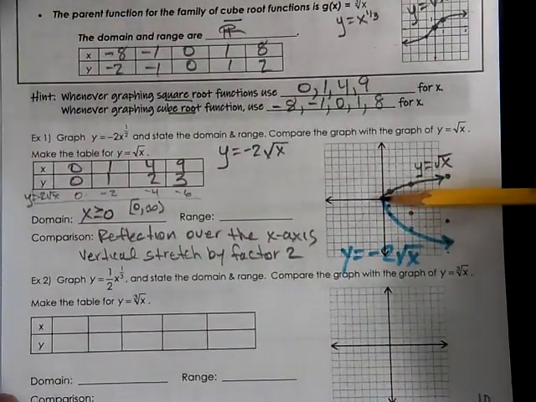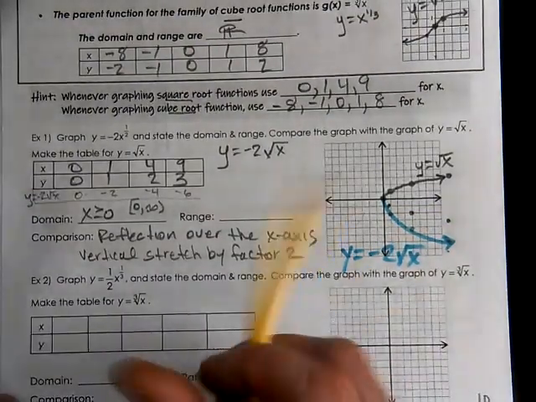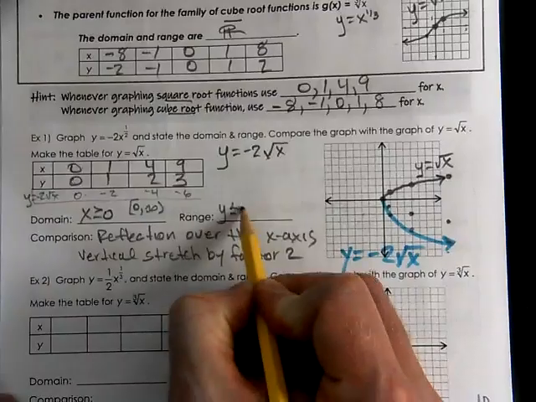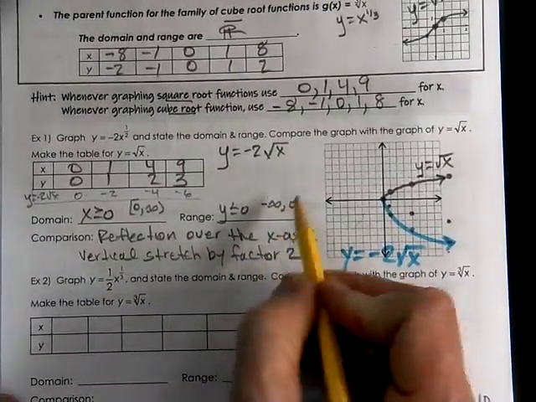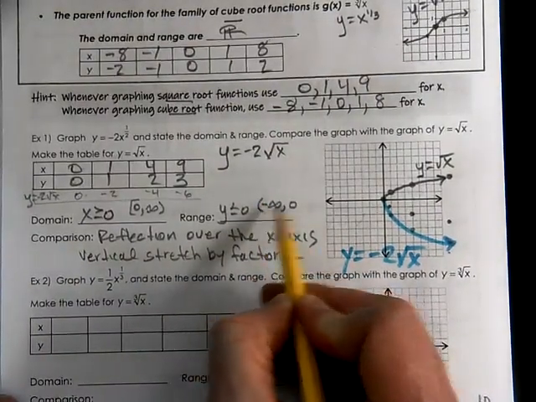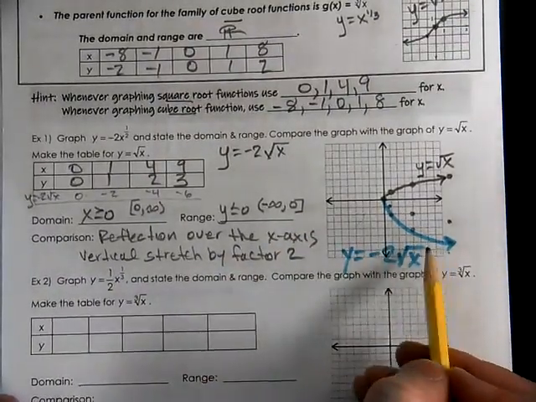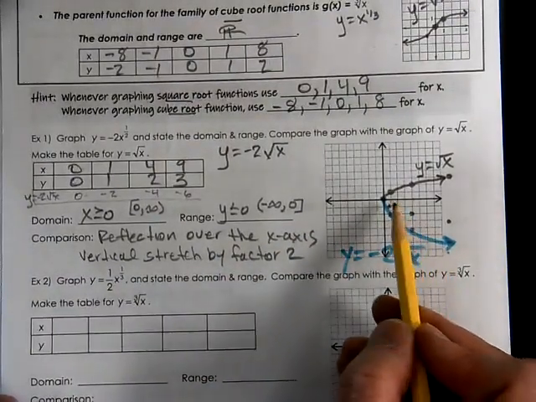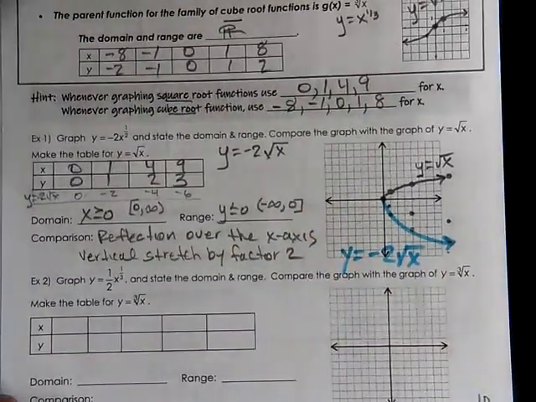The y values are from 0 and down. So that is y is less than or equal to 0. Now when you do interval notation, you always put the value of the smallest number first and the largest number last. So negative infinity all the way up to 0. It includes 0, so it's a square bracket.